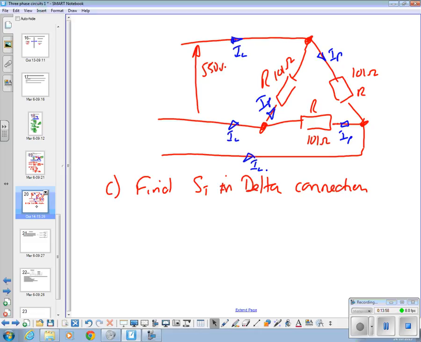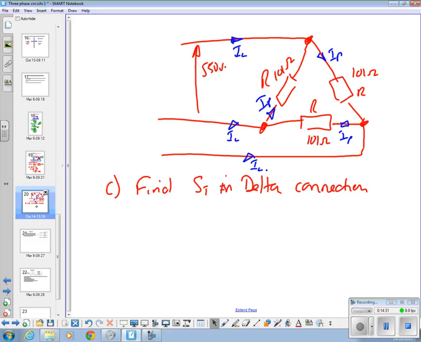So how are we going to find this power? We've got to find the current somehow. We need at least one of the currents. We don't know any current at the moment, and until we find a current, we can't really find a power.